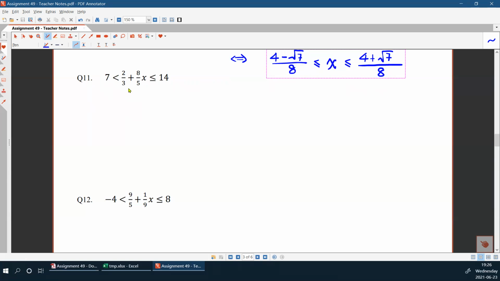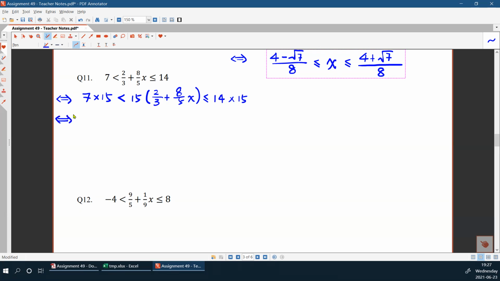Question 11, at first glance, we'd like to eliminate all the denominators to make the question seem a little bit easier, right? So we can consider multiplying both sides by the least common multiple of 3 and 5, which is 15, right? Okay, so multiply 15 to all sides. 7 times 15 smaller than 15 times (2/3 plus 8 over 5 x) smaller than or equal to 14 times 15, right?